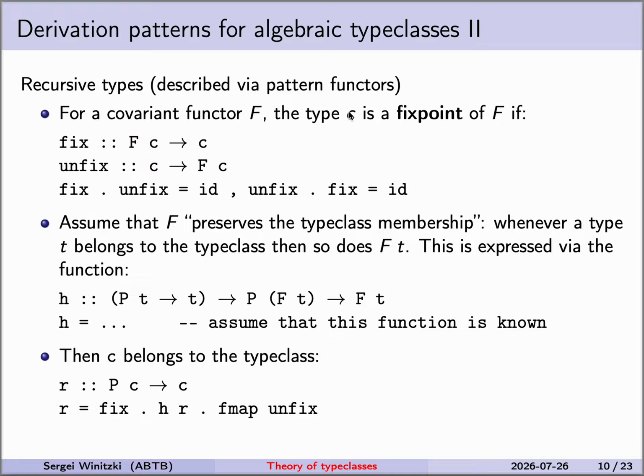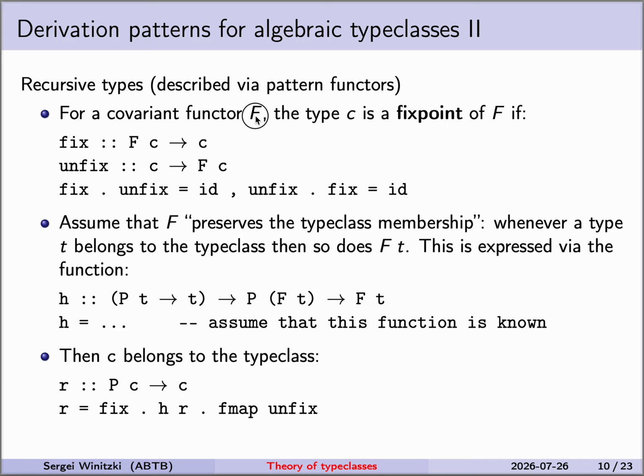And this fixed point, it could be the least fixed point or greatest fixed point. I'm not going to talk about it right now. It doesn't matter. This definition covers all of those fixed points. So it is not true that there's only one fixed point. In other words, only one type C with these properties.